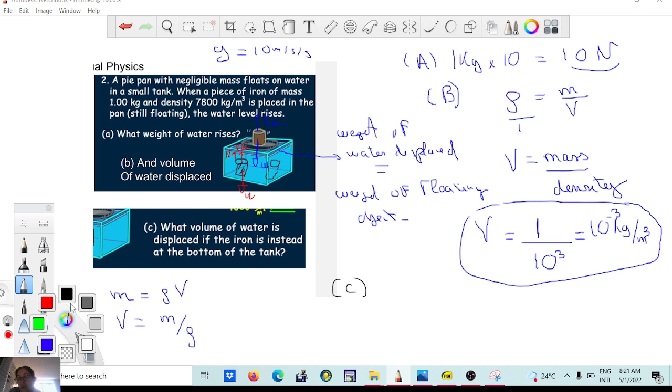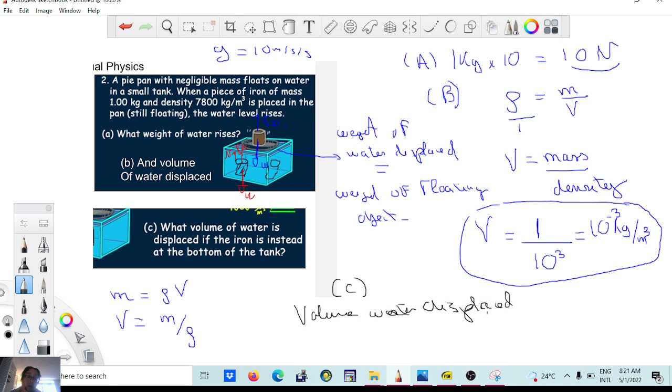Okay, so I don't know what the question is. So in that case, because it's totally submerged, the volume of the water displaced will be equal to the volume of the iron can. Those problems are very good because they emphasize the concept.